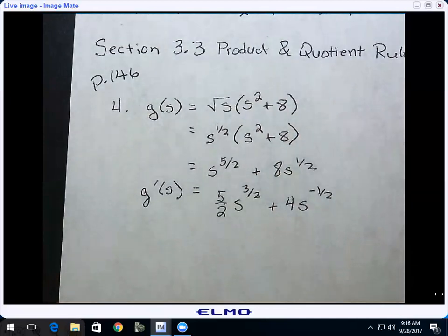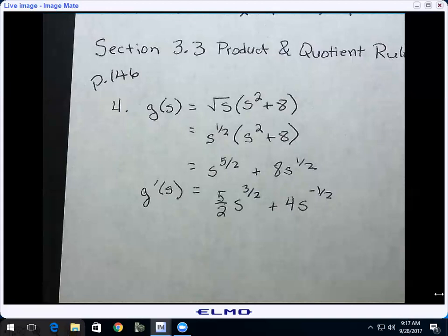So that differentiation was pretty easy if I distributed the s to the 1/2 first. There's a trade-off though. If we're still going for, I want my answer, single fraction, no negative exponents, factored as completely as possible, I'm not going to leave that as my answer.